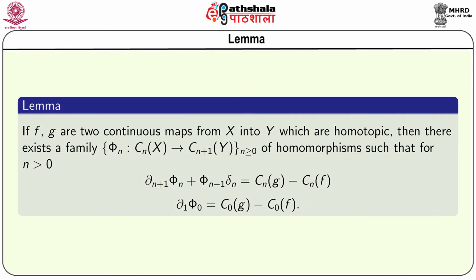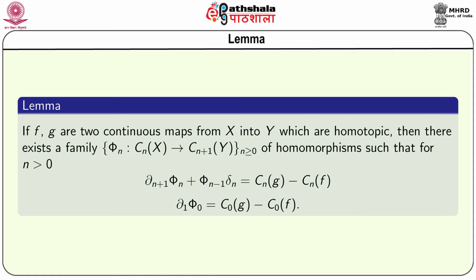With the help of this lemma, we can prove the second lemma, that if f and g are two continuous maps from X into Y which are homotopic, then there exists a family of functions from Cn(X) to Cn+1(Y) for n greater than or equal to 0.